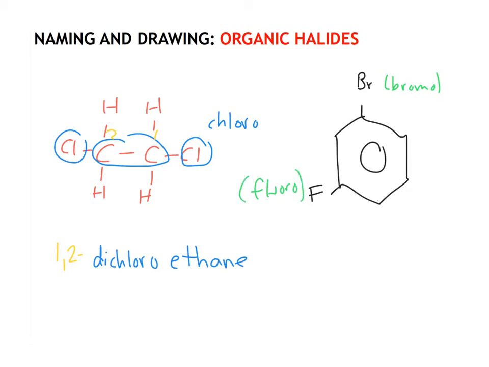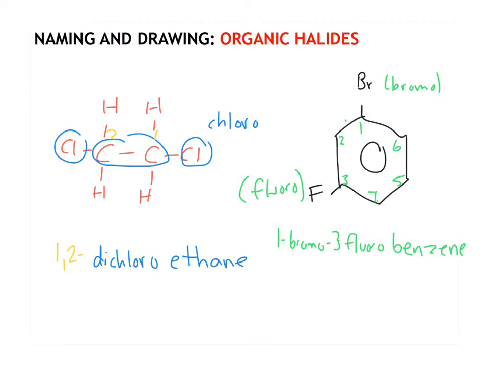My parent chain is benzene. Now B comes first, so I'm going to start at the B. 1, 2, 3, 4, 5, 6. So this will be 1-bromo-3-fluorobenzene, the name of this organic compound. So we name organic halides with prefixes.